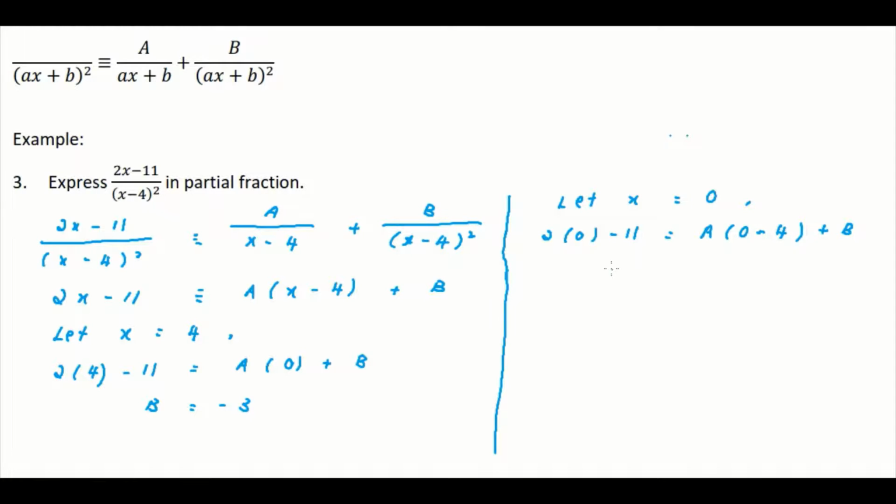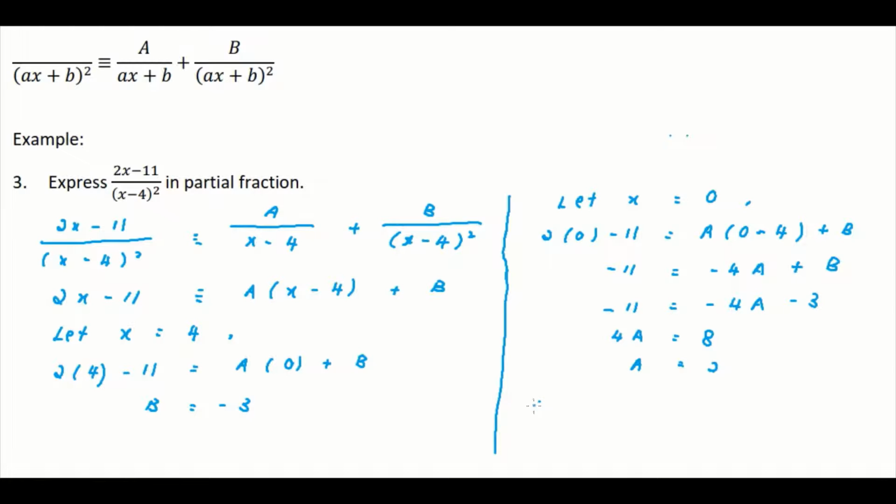Then continuing, I get negative 11 equals negative 4a plus b. Since we already got our b just now, negative 11 equals negative 4a minus 3, which gives me 4a equals 8. So I get my a as 2. By doing this, I already get my a and b.